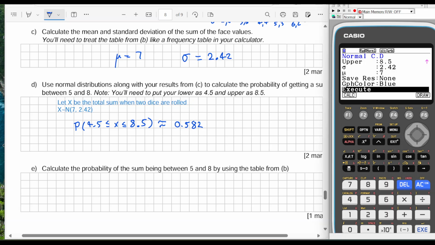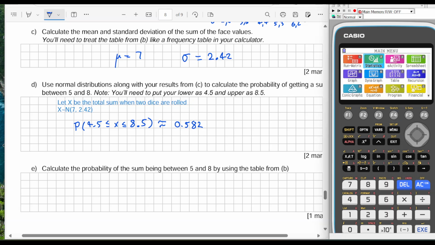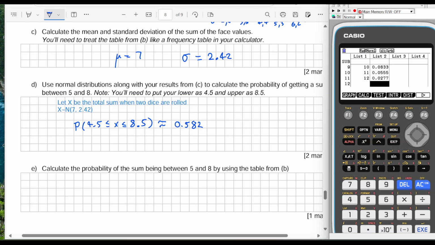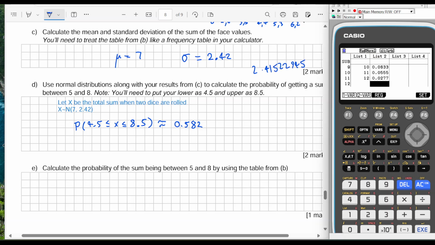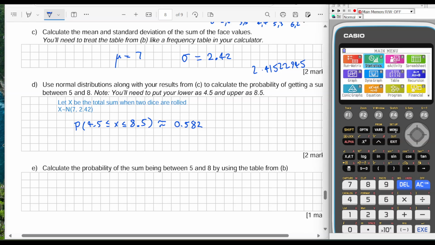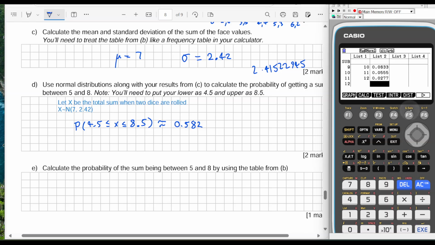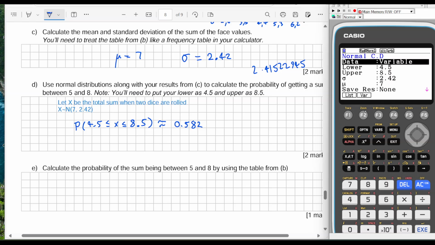Okay. Actually, we'll see if that changes at all if I use the full unrounded version, just so I can be extra proper. So the full version was 2.415222945. I know it probably doesn't seem like a big deal, but sometimes when you use rounded versions of stuff, little changes can blow up to very big differences in the final answer.